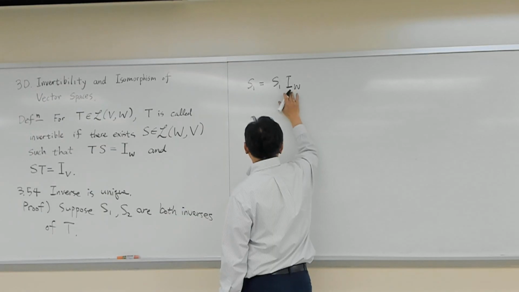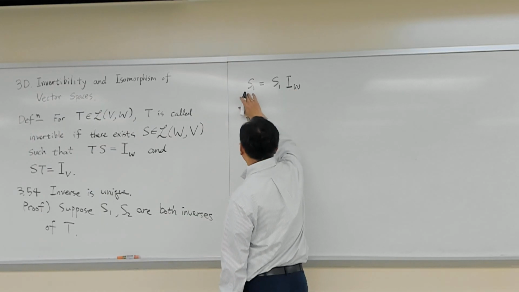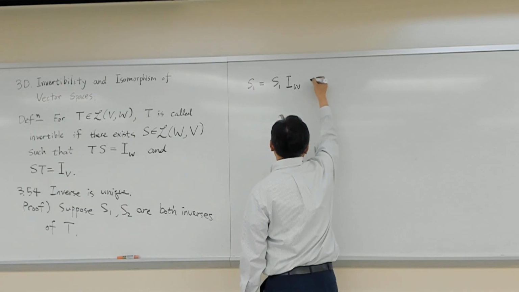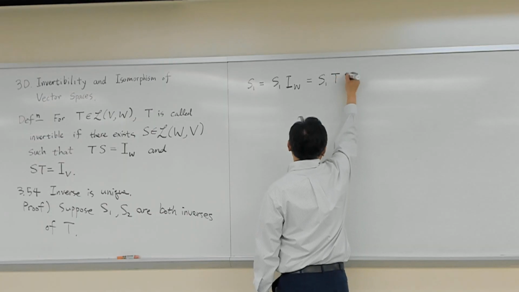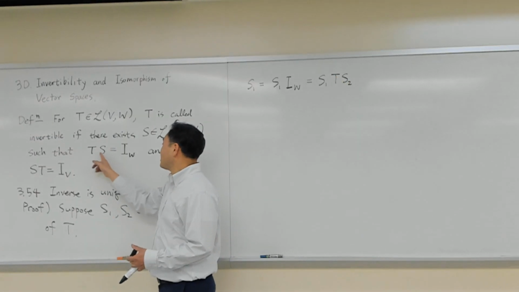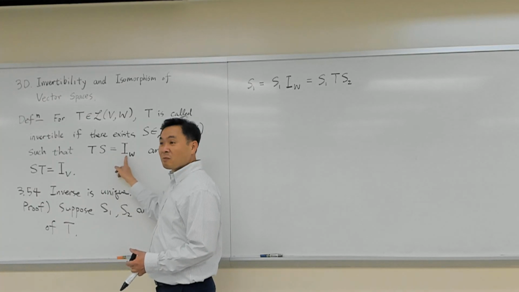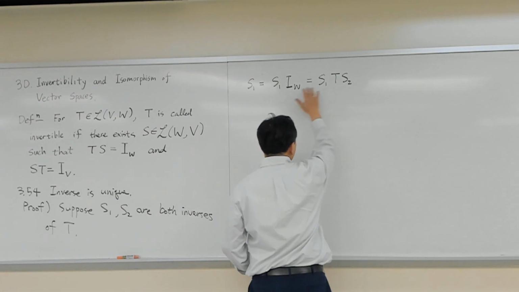But if you have identity times a linear map, it's always same as itself. So you can always write down S1 as S1 IW. But now I'm going to write this as S1 T S2, because TS2 will be same as IW, right? So I can rewrite IW as TS2.